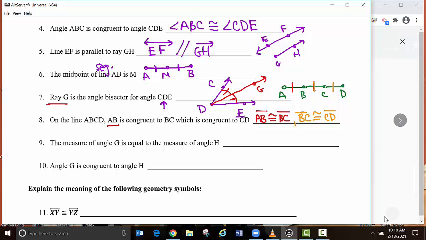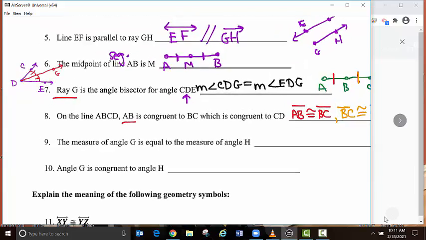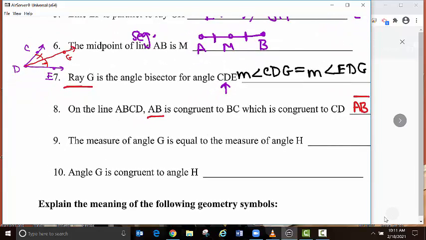So I'm going to pause and go back for a sec. This right here is the picture of this one right here, okay? If we wanted to use it for words, in order for G to be a bisector, you would say something like the measure of angle CDG is equal to the measure of angle EDG. I'm looking back at 7. 7 is this picture.